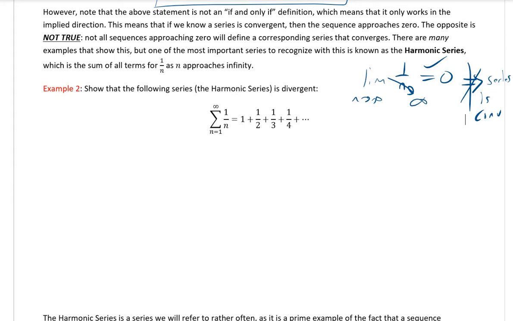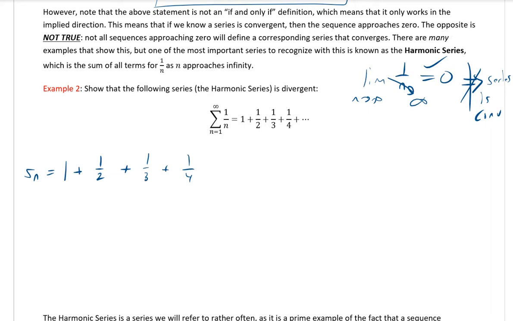Now, to show that with the harmonic series, what we're going to do is write out a lot of the terms and group them smartly. If I have a partial sum, it would be defined as 1 plus 1/2 plus 1/3, and all these terms.